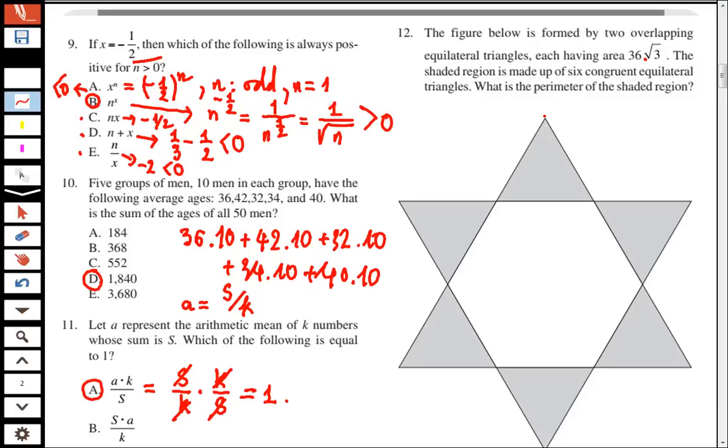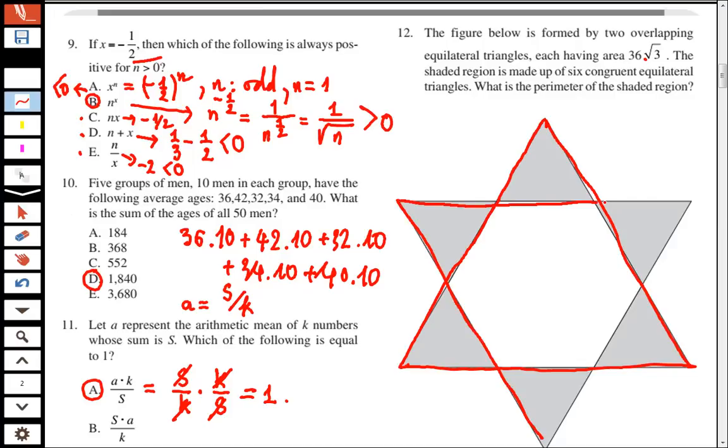Here is a figure, two overlapping triangles: the first one and the second one. Each triangle has area 36 times square root of 3.